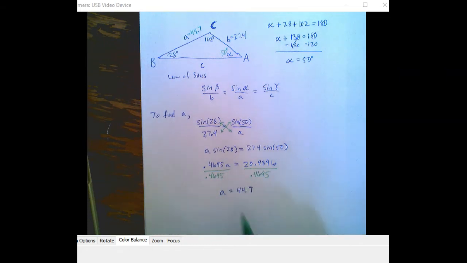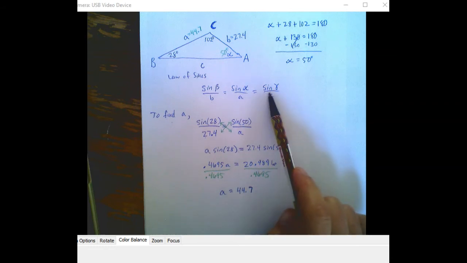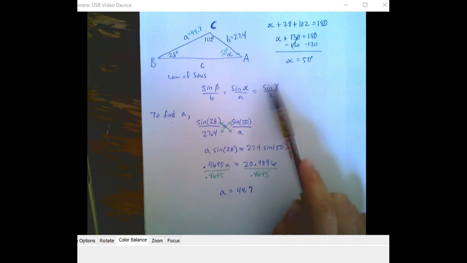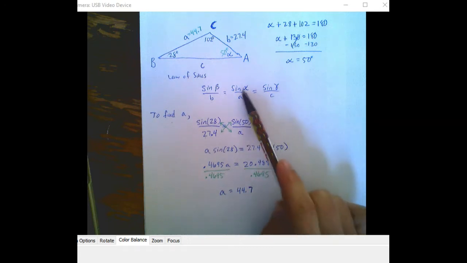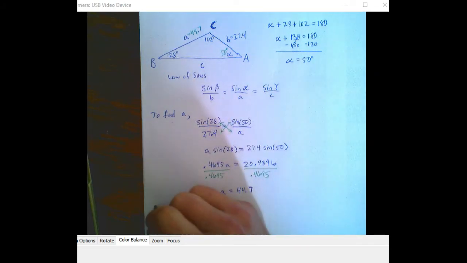Now to find c, we can do the same kind of thing. And we can use either of the 2 ratios to equate to c here. So we can use sine of 28 over 27.4 equals whatever. Or we could use our new value since we know the alpha and a combination now. So it doesn't matter which one you use.